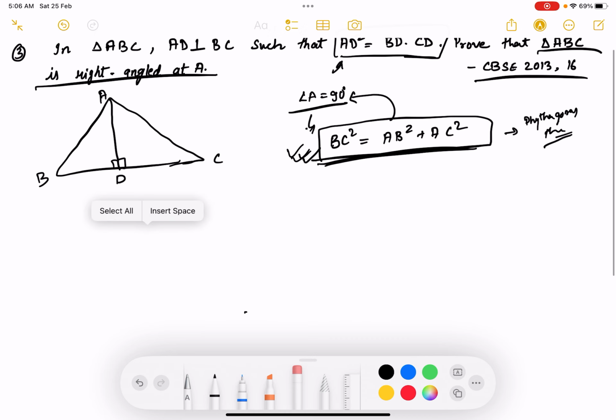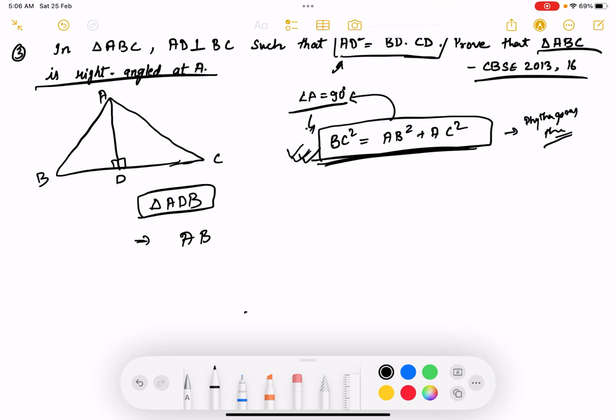What we are given is AD is perpendicular to BC. So apply Pythagoras theorem in triangle ADB: AB square is equal to AD square plus BD square.